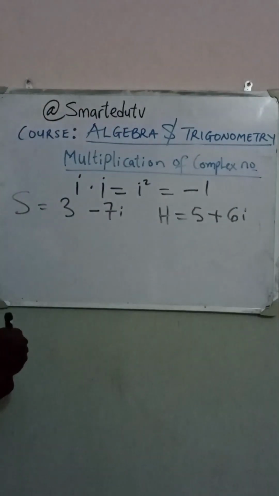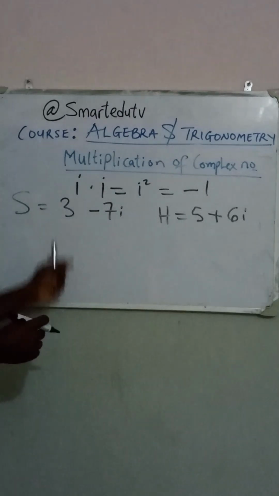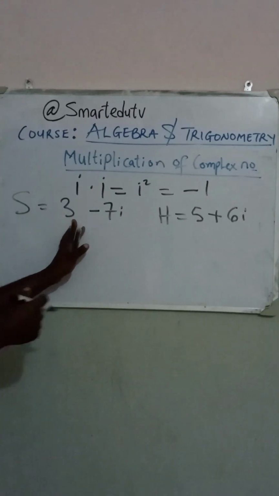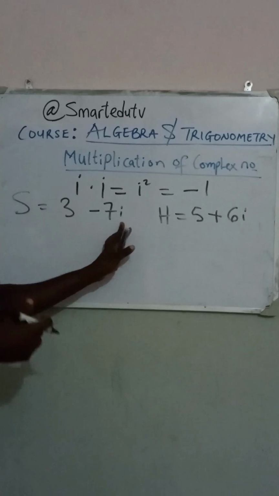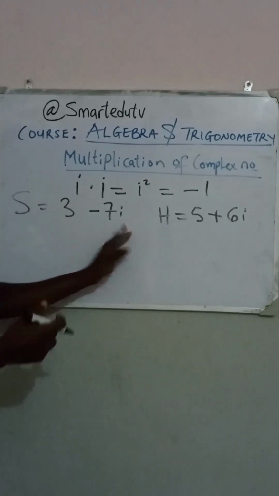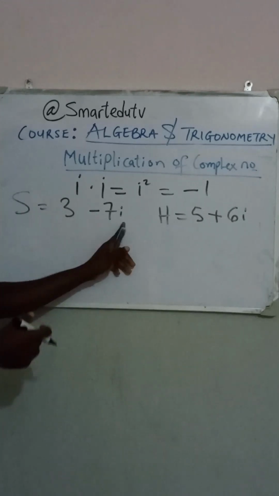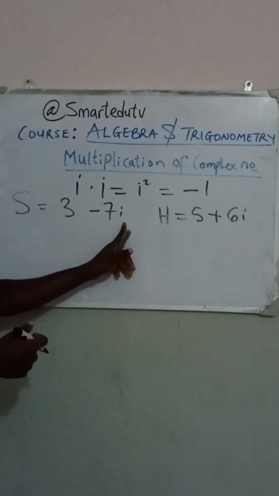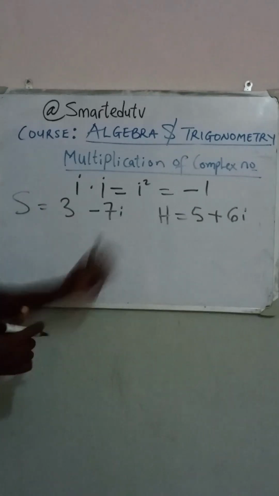Don't forget, it contains two parts. The first part is the part that is not containing I, and the second part is the part containing I. This part is the real part, while the part containing I is the imaginary part. We want to multiply these together.